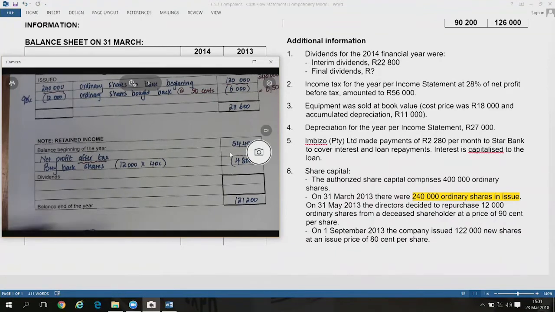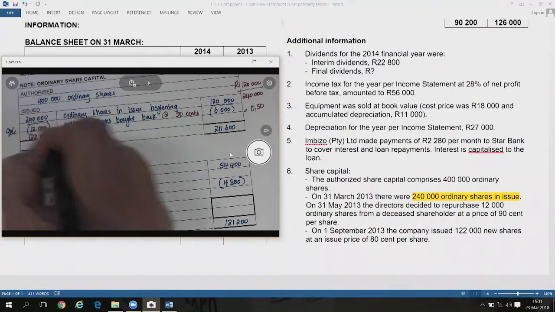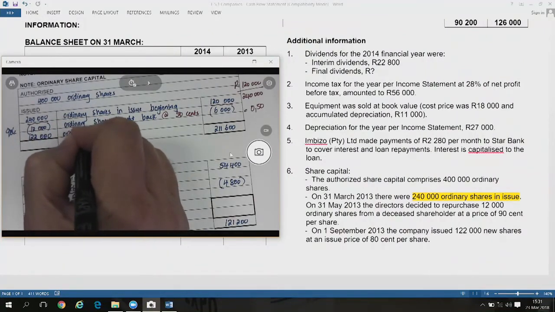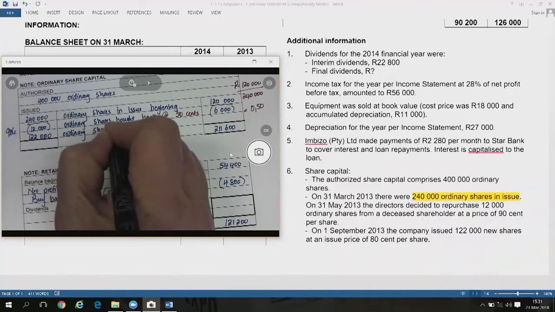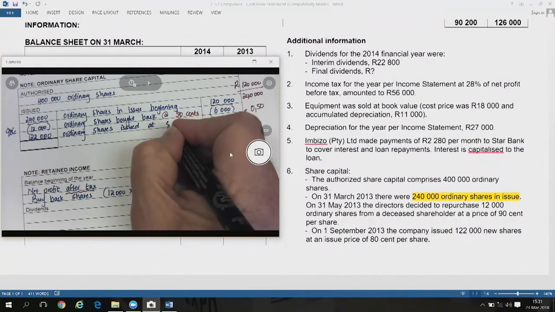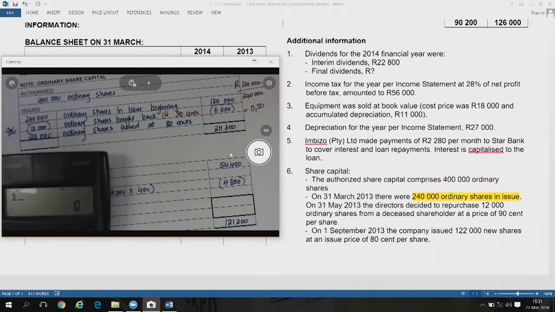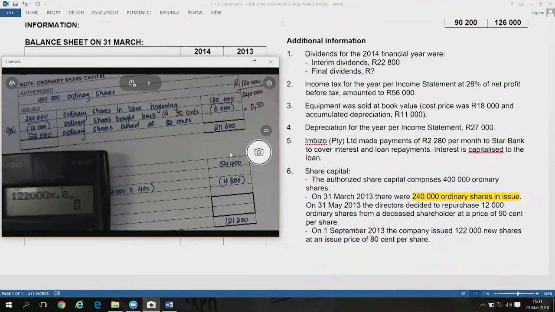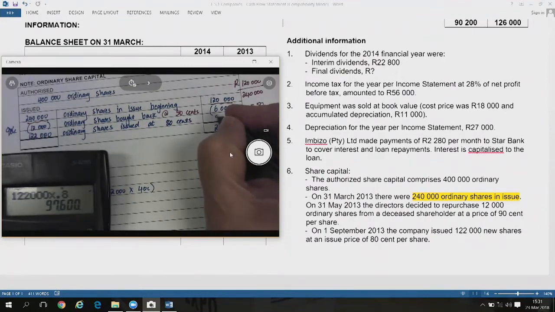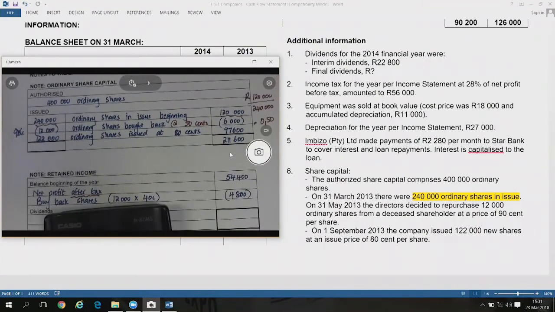The last information there, the company issued 122,000 ordinary shares during the year, issued at 80 cents. And that gives you 122,000 times 80 cents, and that gives us 97,600. Now we check on the left hand side. We've got 240,000 minus the 12,000 plus the 122,000.